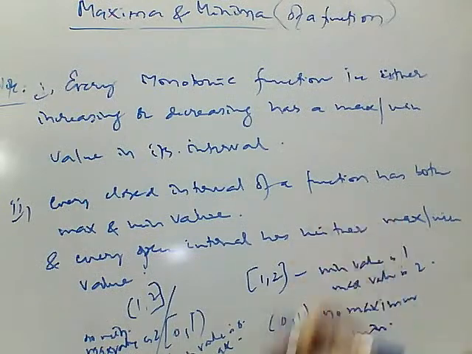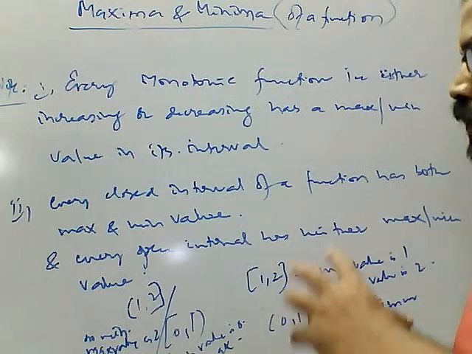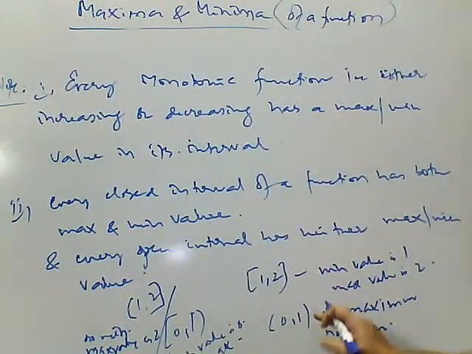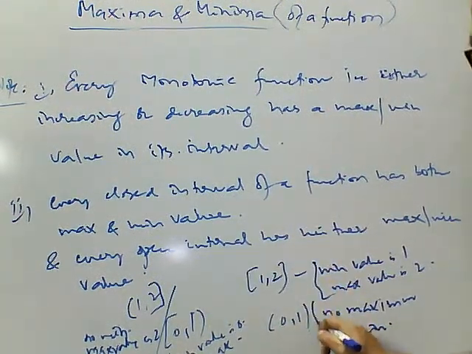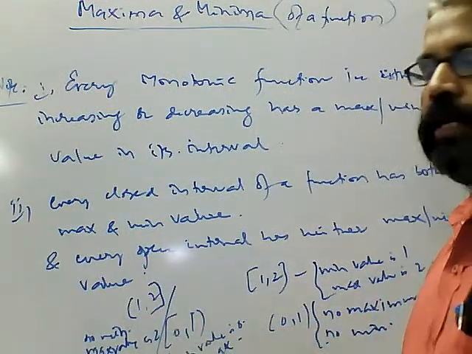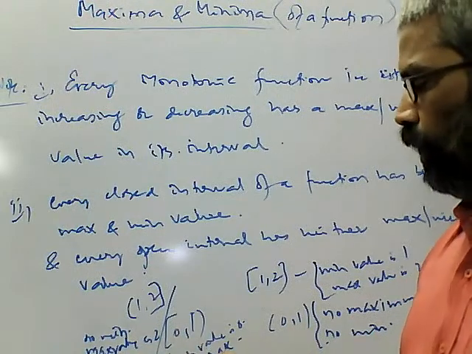So likewise it will come. Depending upon the nature of the interval, the function has either a maximum value or a minimum value. If it is a closed interval, both will be there. If both sides are open, no maximum, no minimum. If the left is open, no minimum; if the right is open, no maximum. Are you clear?